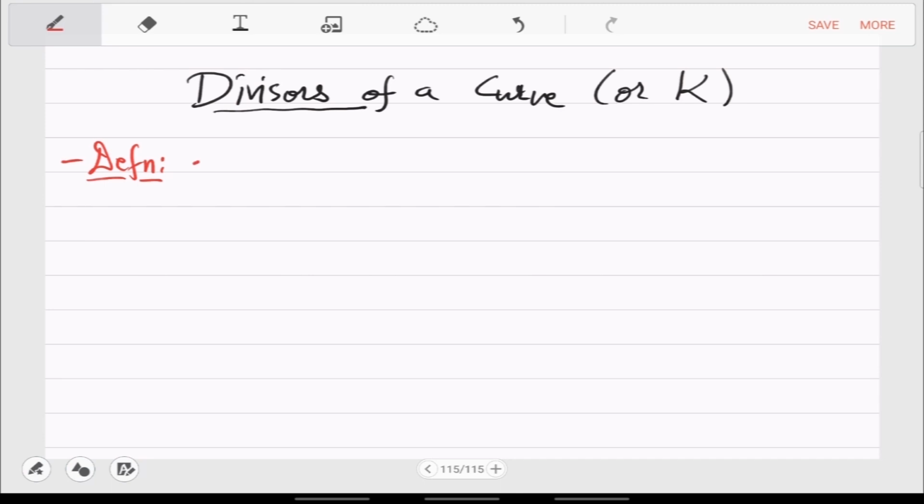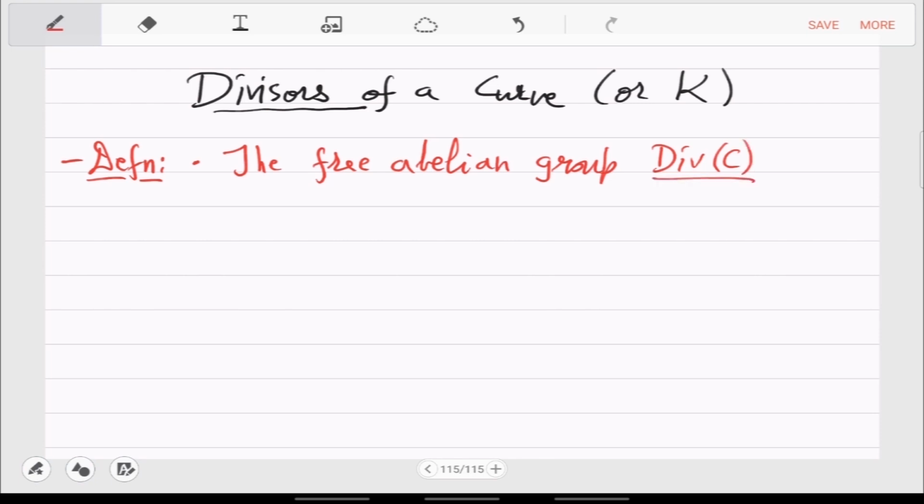So it is the free abelian group generated by the points, which are the DVRs. This is called the group of divisors.